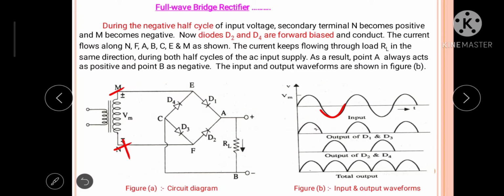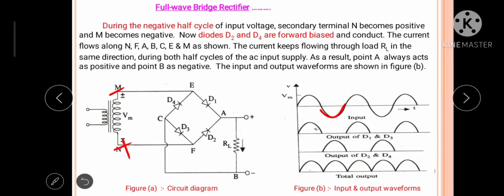The current will flow from terminal N to F, then to terminal A through diode D2, then through load, then it comes to point C, then it flows through diode D4 and continues its direction through the transformer.